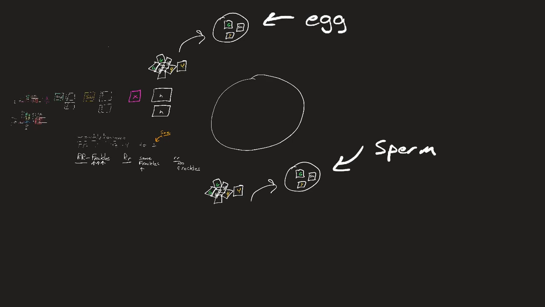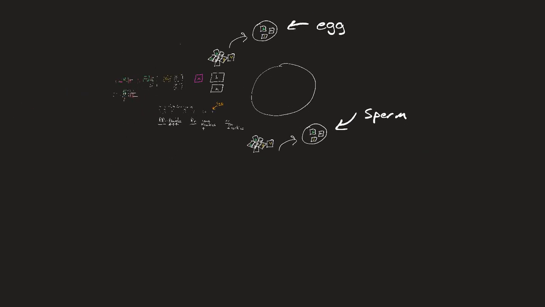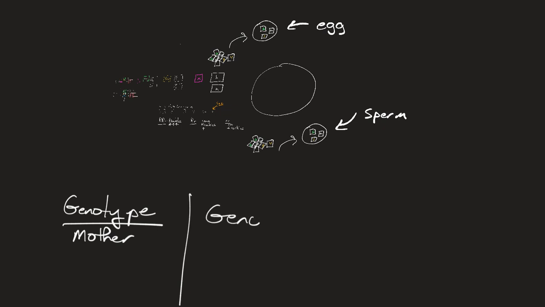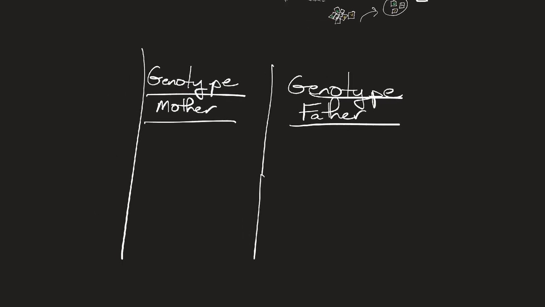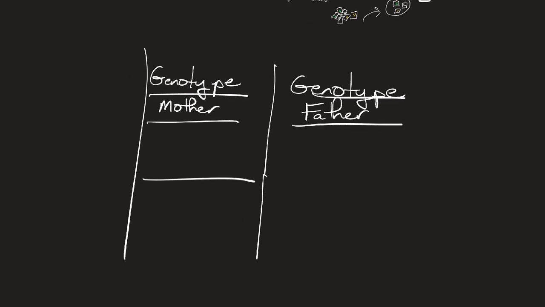The last piece of this is you're going to have to sit down and draw and write out your genotype. It should be easy at this point. Genotype of mother, genotype of father, you write it down, whatever that is, and then the phenotype.